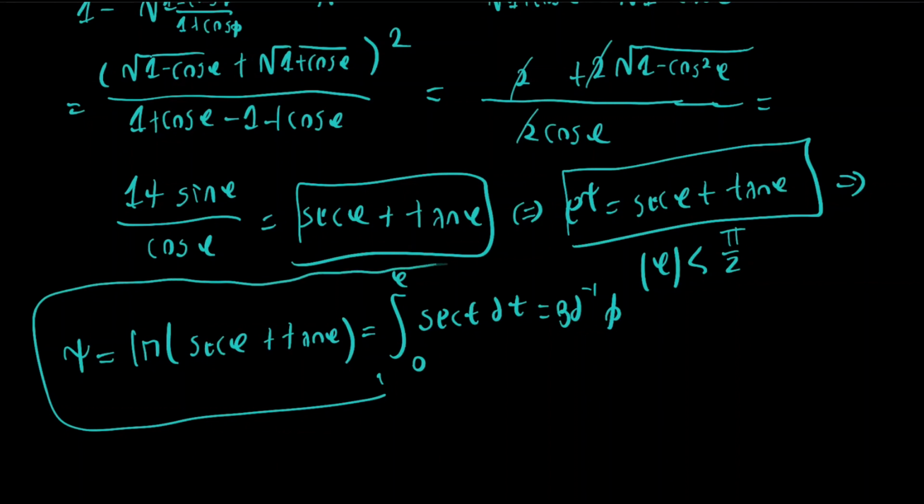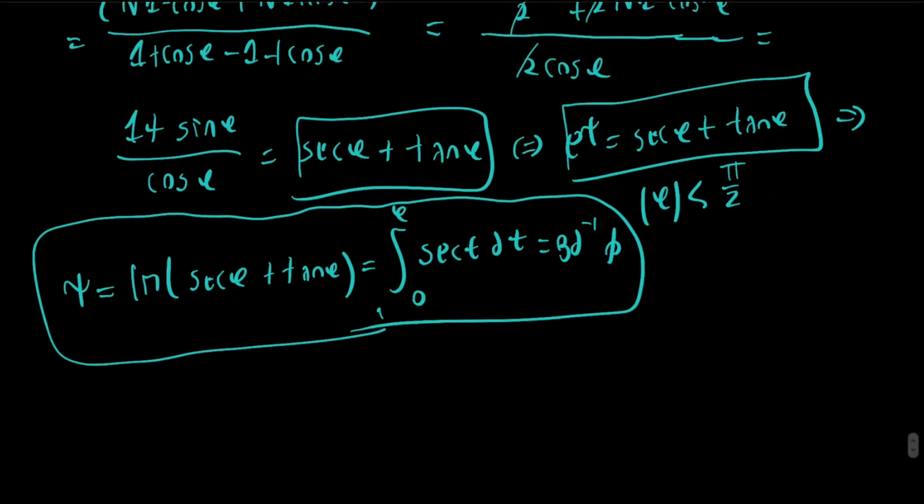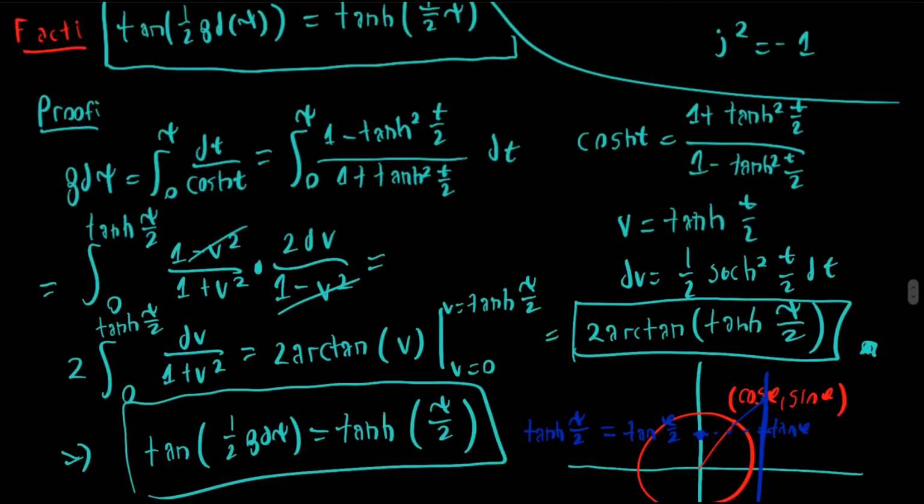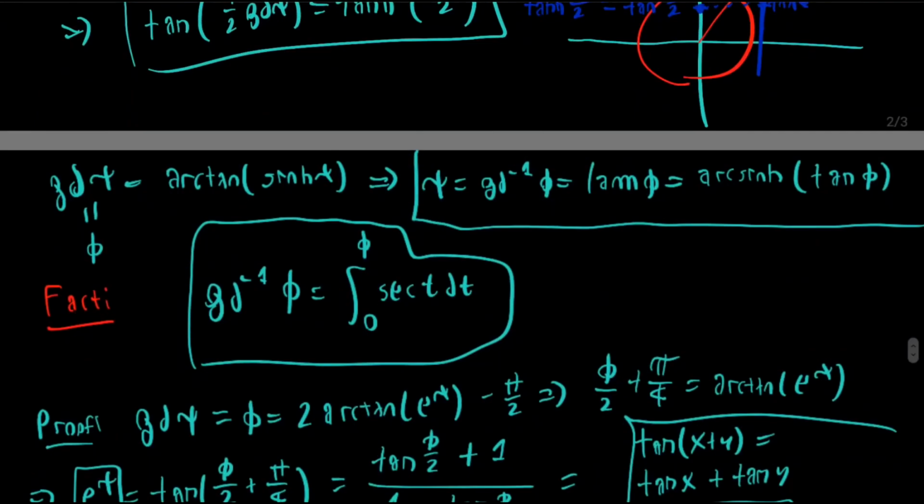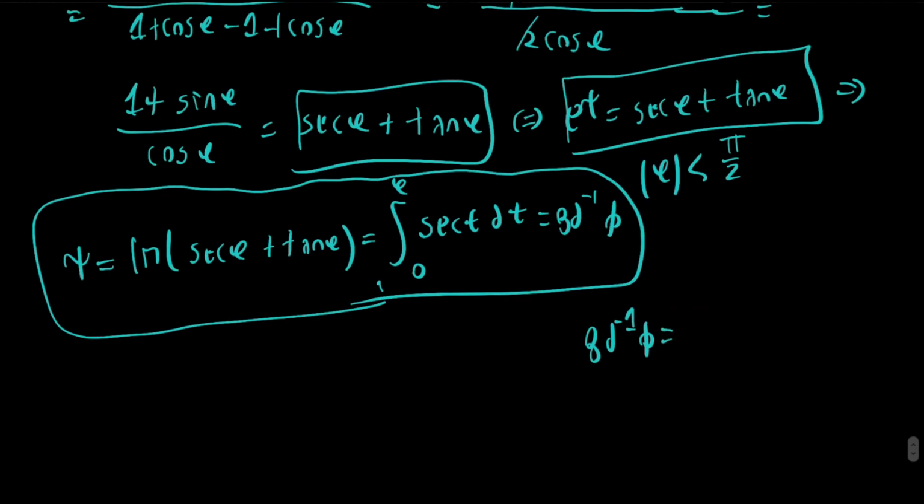So this is our identity. From the inverse Gudermannian function, many other interesting identities can be found that relate hyperbolic angles and circular angles. For example, remembering the identity that we derived earlier, the inverse Gudermannian of phi is equal to the arc hyperbolic sine, sinh to the minus 1, or arc sinh, of the tangent of phi.